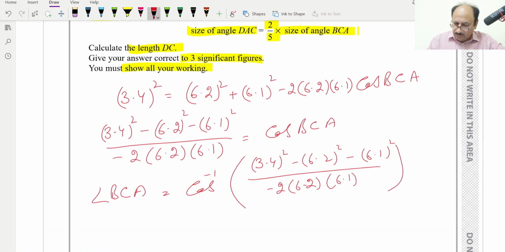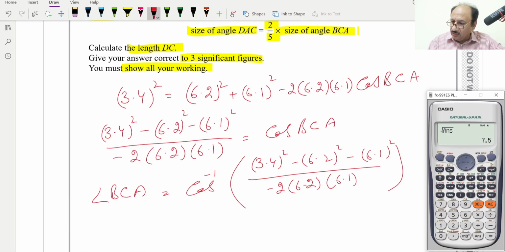We will calculate in one go and get the angle. Shift cos of the fraction: 3.4 squared minus 6.2 squared minus 6.1 squared, over the denominator minus 2 into 6.2 multiplied by 6.1, closing the bracket.